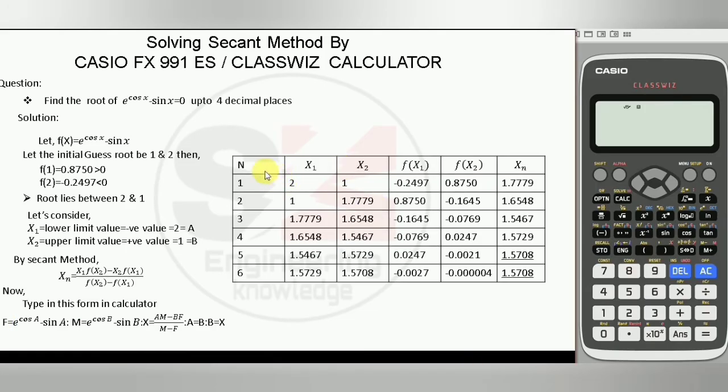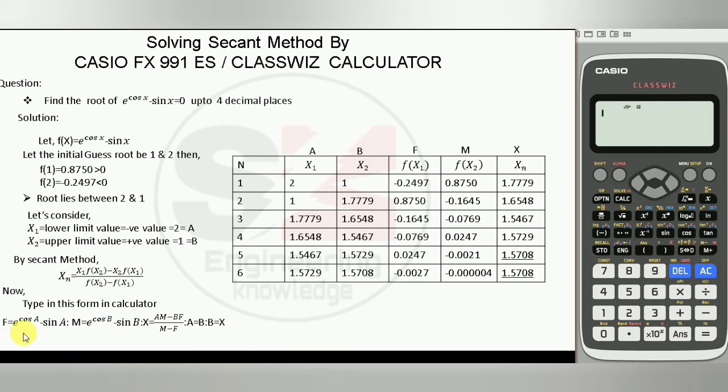Then we have to draw this type of table in the copy. x1 is denoted by the variable a in the calculator, x2 by b, and the function f(x1), that is the lower limit value, will be denoted by the variable f, and similarly for the others, and we can write in this form in the calculator.